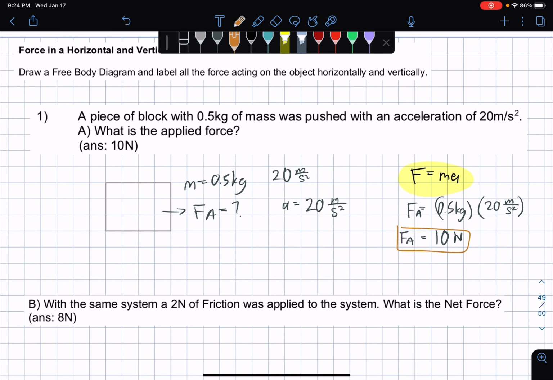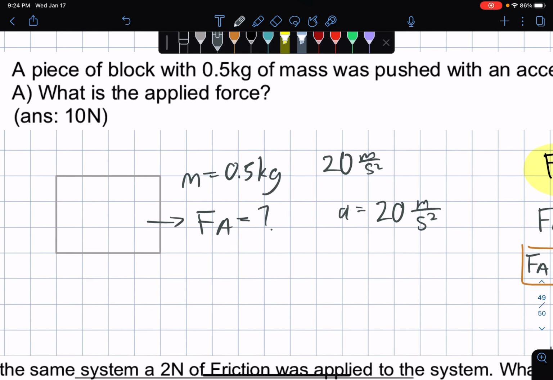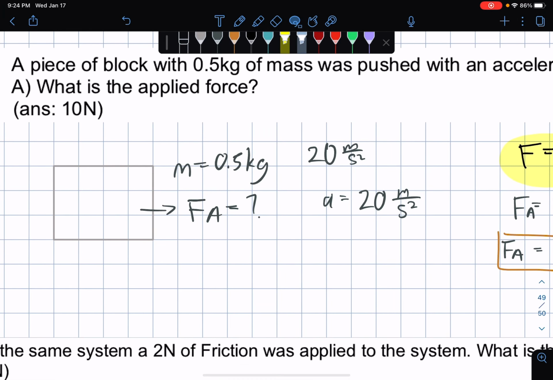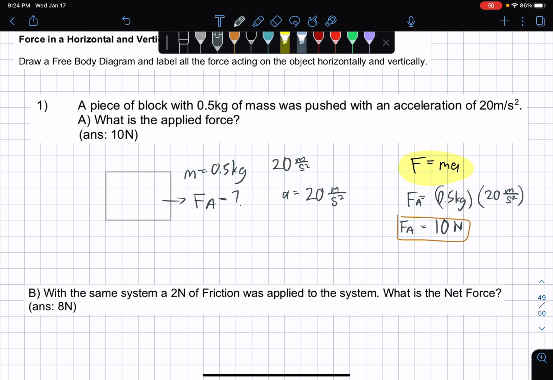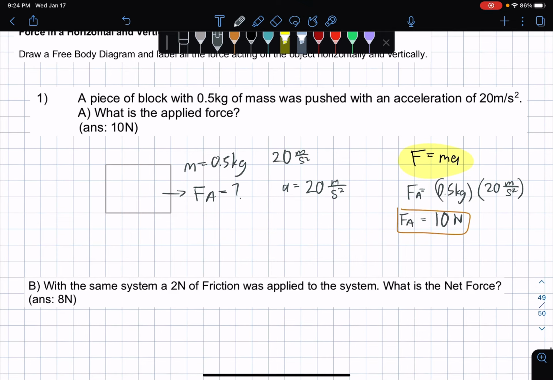So what saved me from getting the wrong answer a while ago was doubting the idea that acceleration is the applied force. What made me think that they're not the same? Well, the four forces in the free body diagram, their unit is newton. If it's just meter over second squared, then that's not newton. So the value can be suspected to not be the actual force value.